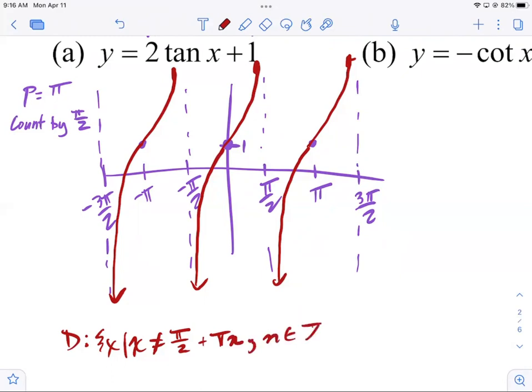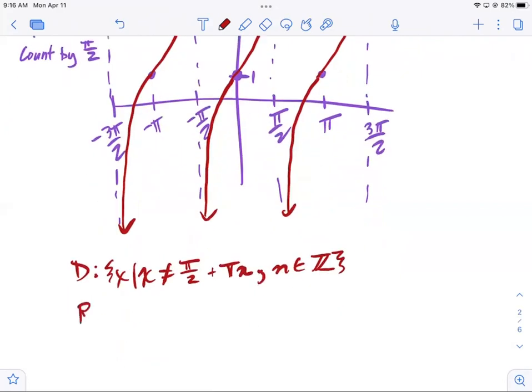You have to put that it's an integer, because the default group of numbers that we use this year is real numbers. And n has to be a whole number or a negative whole number, which are called the integers, and we represent that by Z. All right, did it change the range? No, it's still double bar R.